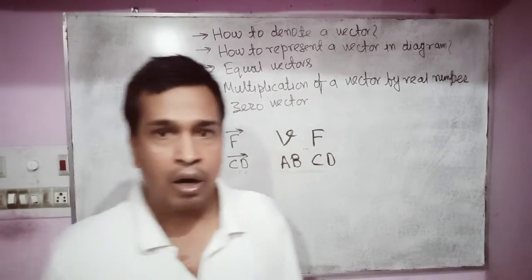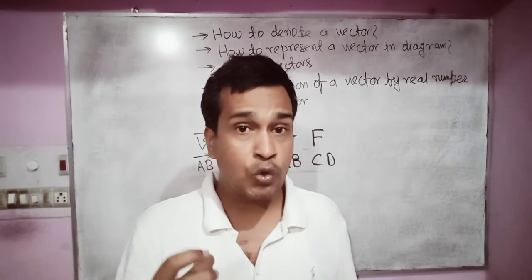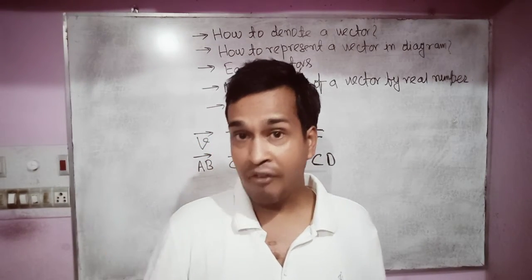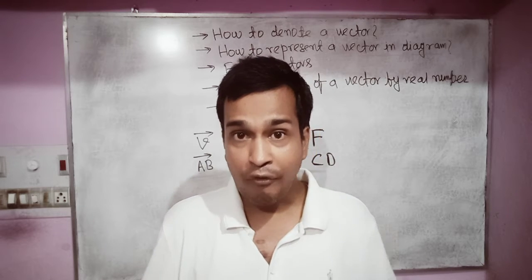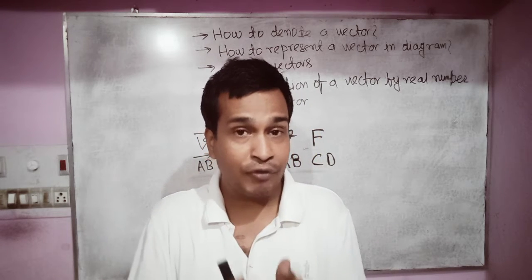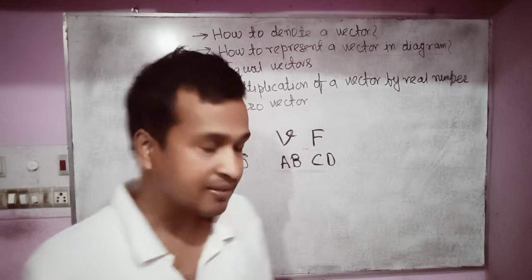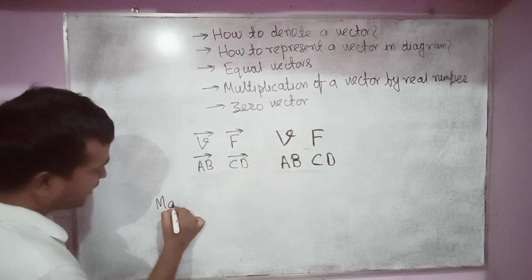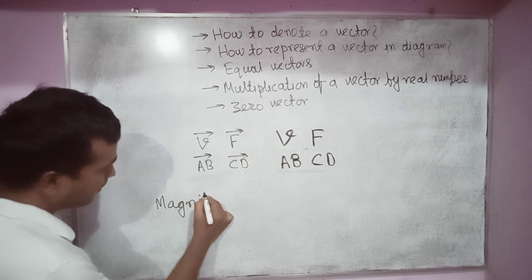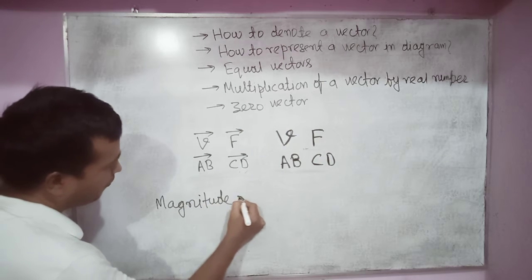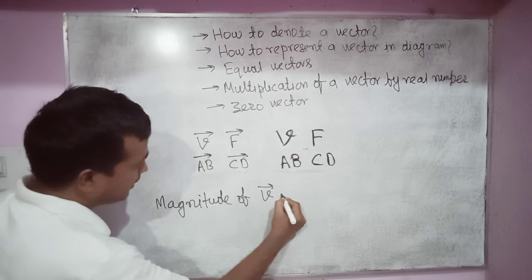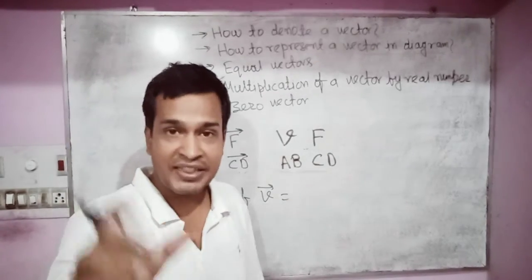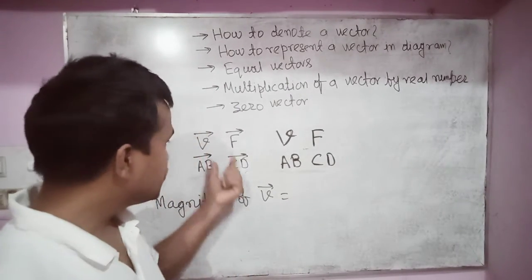Now, the question arises: how to denote the magnitude of a vector? Magnitude of a vector is also called the absolute value of the vector. For example, the magnitude of V. There are two methods to denote the magnitude of a vector.